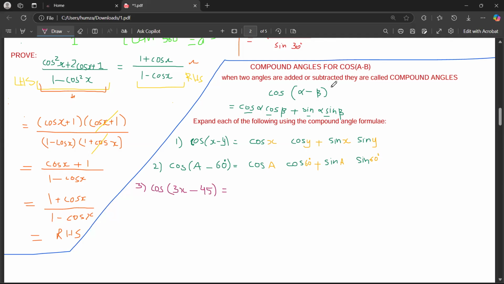Yes, please try this for me. Either write the answer in the chat box or you can unmute and answer me using the microphone. What will be the expanded form for question number 3?